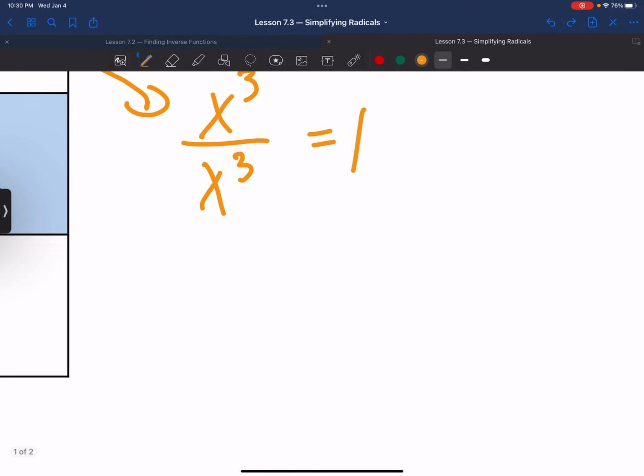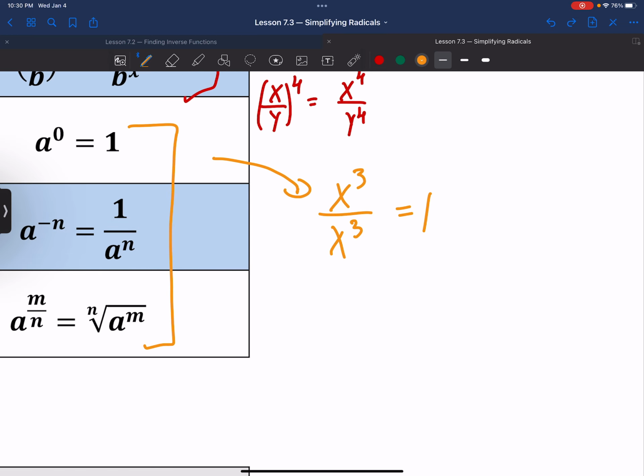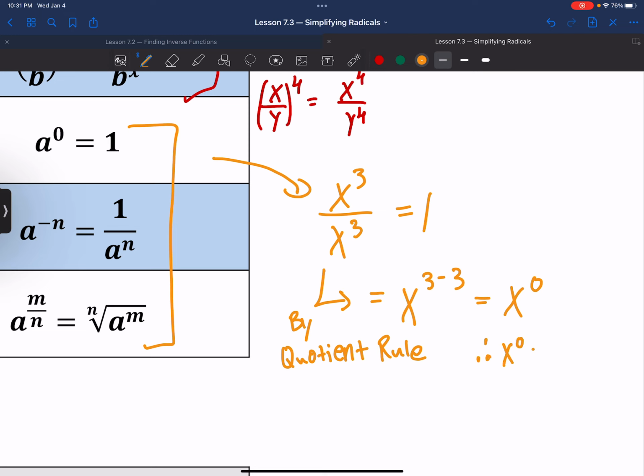So by the quotient rule, this is equal to x to the power of 3 minus 3. And 3 minus 3, of course, is 0, so x to the power of 0. So I'm going to say by quotient rule. Thus, therefore, x to the power of 0 equals 1.